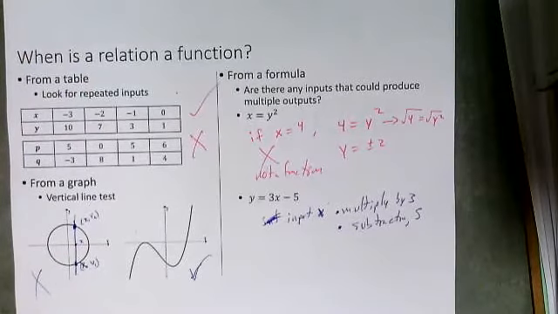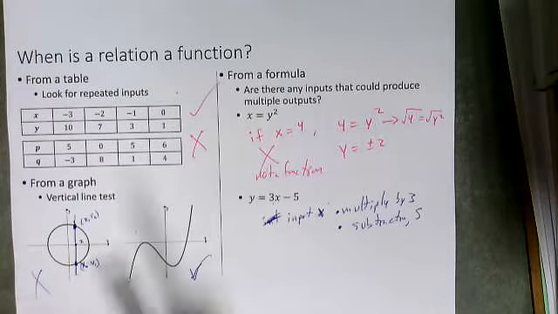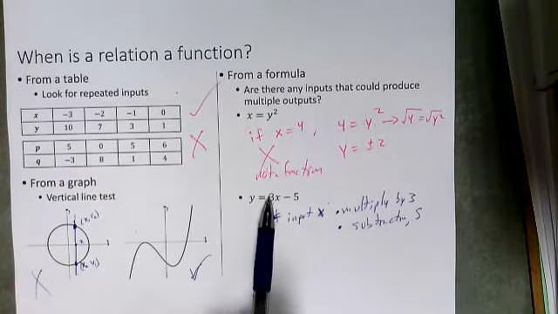So, also, if you want, you can sketch this out. This is a line, and so obviously a line is going to pass the vertical line test. A non-vertical line. This is a non-vertical line because it has a slope positive 3.